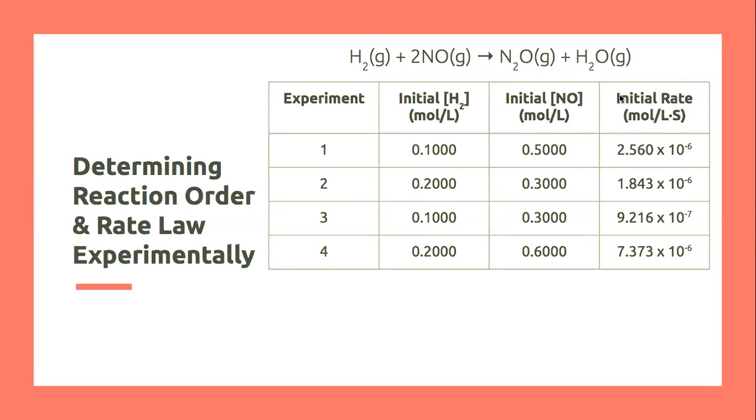So think back to Monday when we were talking about rates. We talked about the average rate of a reaction, but we also talked about taking the tangent line at specific points to find specific rates.